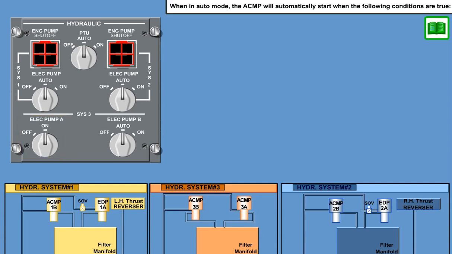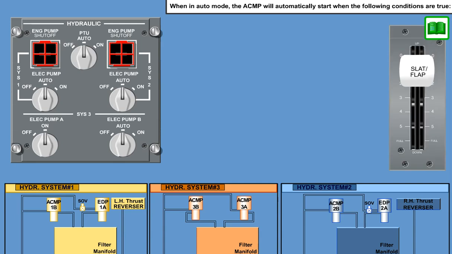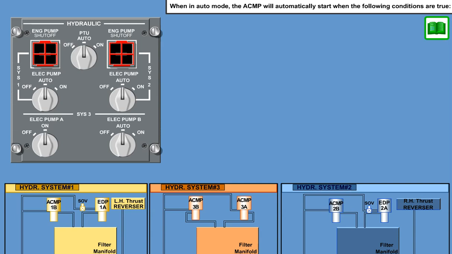When in auto mode, the ACMP will automatically start when the following conditions are true. ACMP 1B and 2B will start when the flaps are selected to any position unequal to flaps 0. ACMP 1B and 2B will also turn on automatically in case the EDP of the respective side fails.